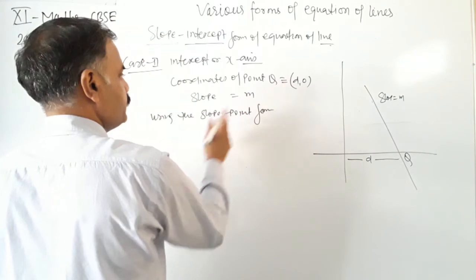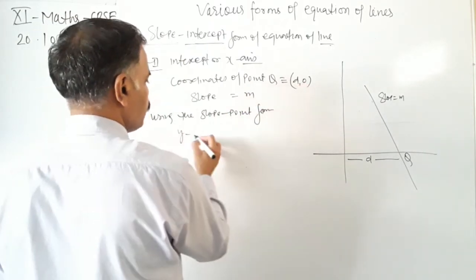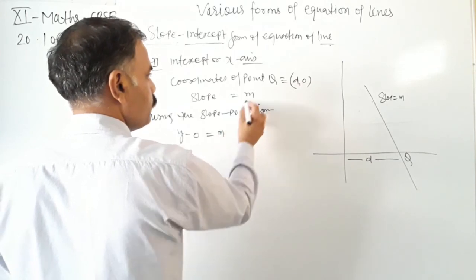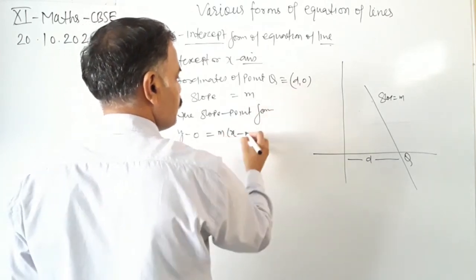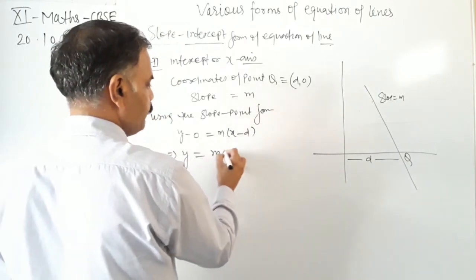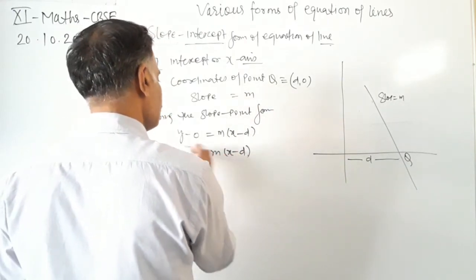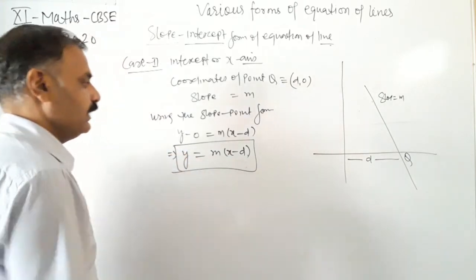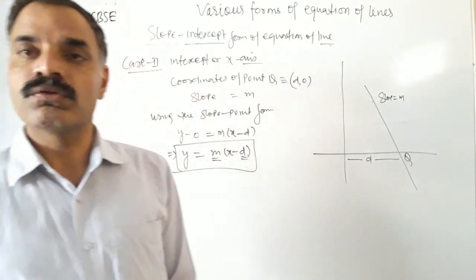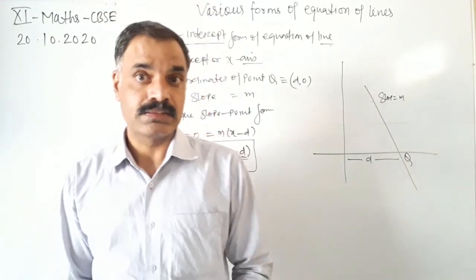Point is this, slope is this, y minus y1, 0, equals n into x minus x1. So it is y equals m into x minus d, the equation of the line having the slope m and d as intercept on the x-axis.